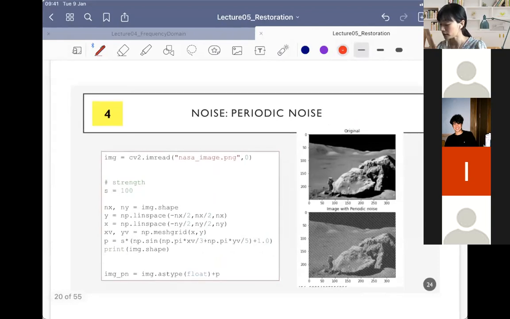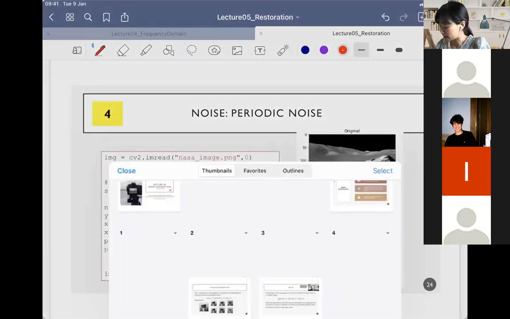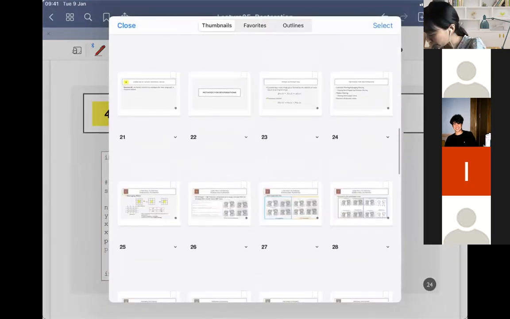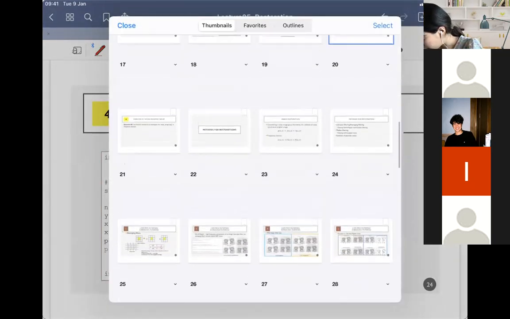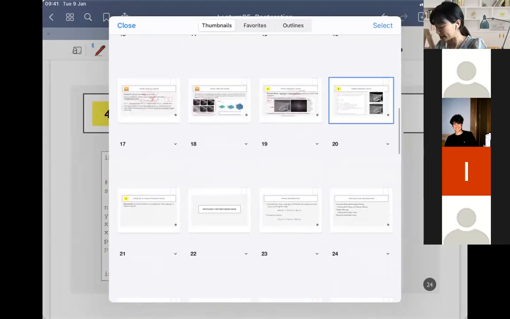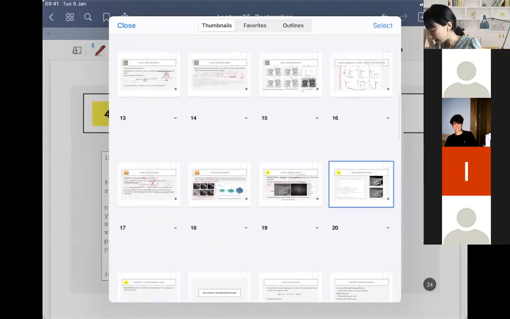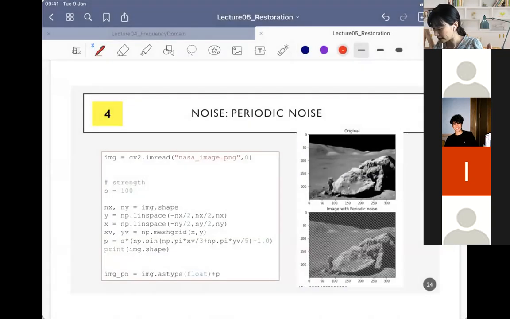So for this chapter, we have some time, and we have the in-class exercise on periodic noise.